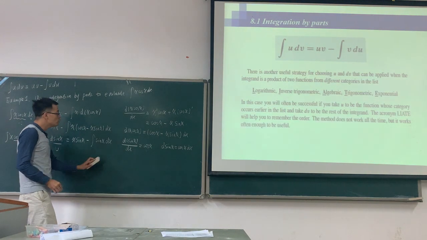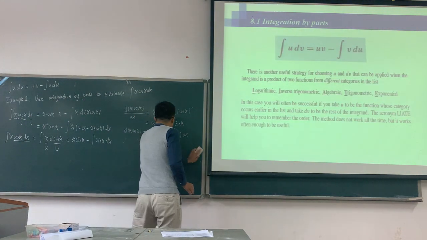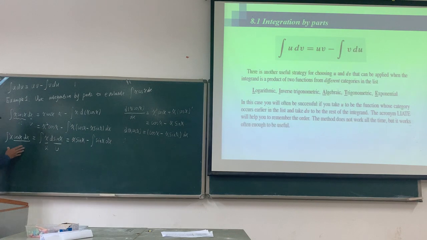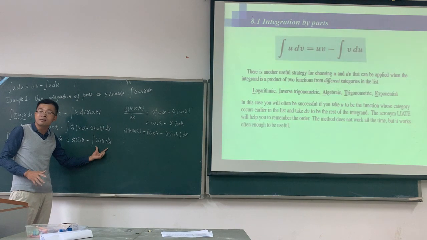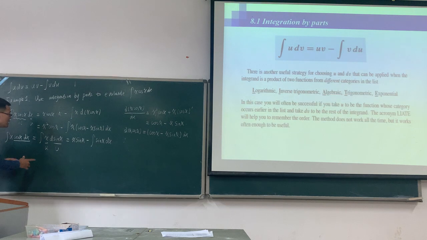So from here we can see this was a complicated antiderivative, but here it is simple. So we let u equal to x and v equal to sine x. This is a good choice.